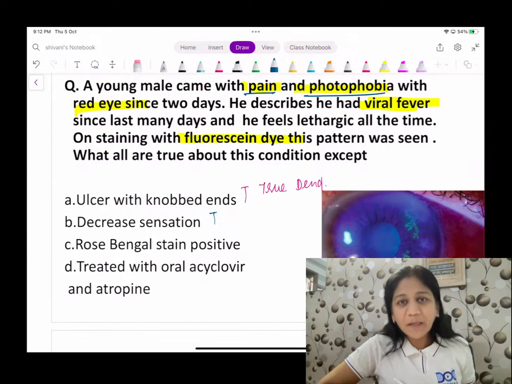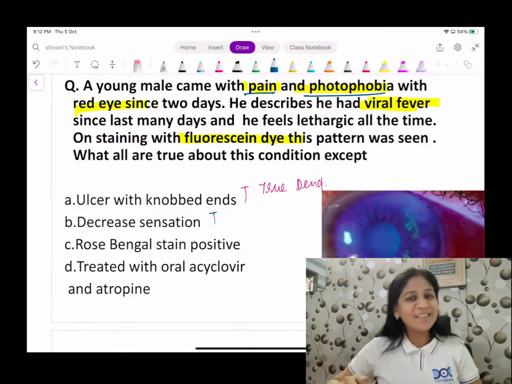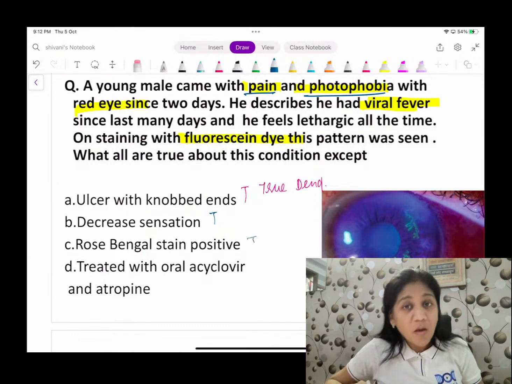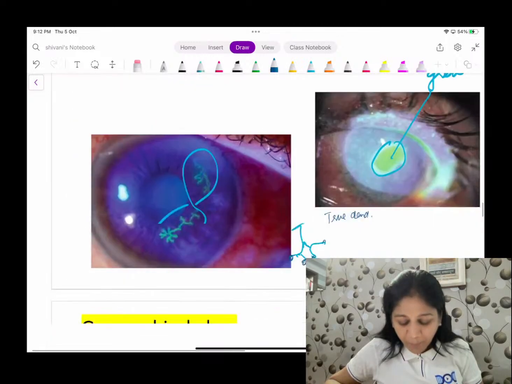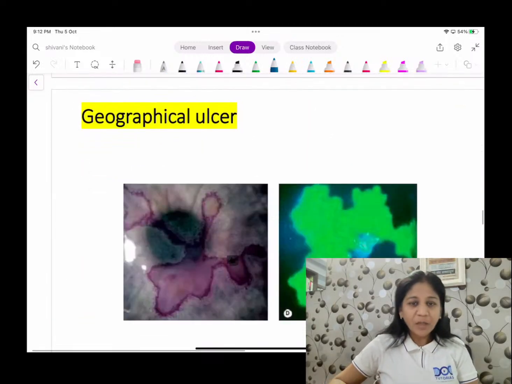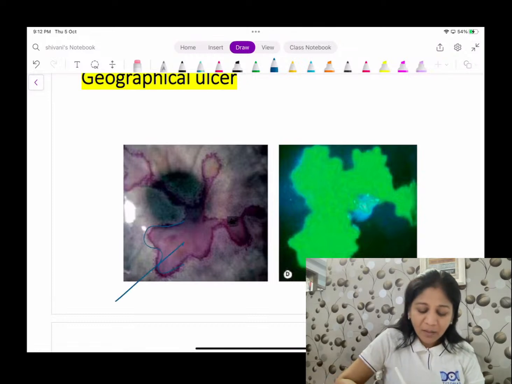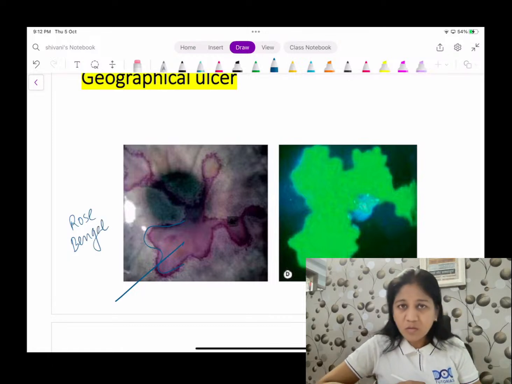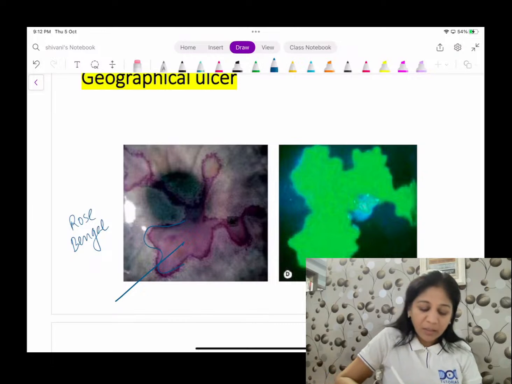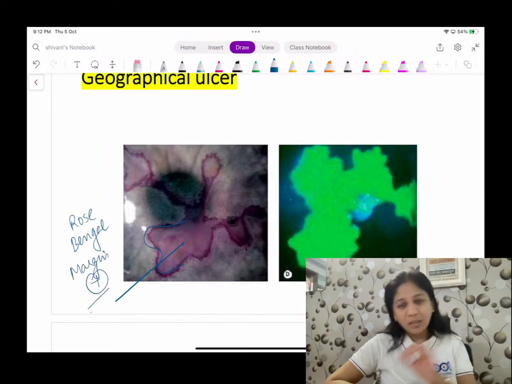Now what about rose Bengal dye? Rose Bengal is another dye which is again positive for this ulcer. I'll show you a picture by which you can understand. Can you see this pink thing? This pink is your rose Bengal dye, which has also stained the ulcer, but remember it is staining only the margins of the ulcer. This can be another expected question.